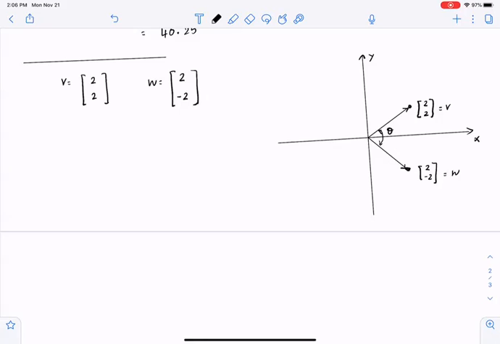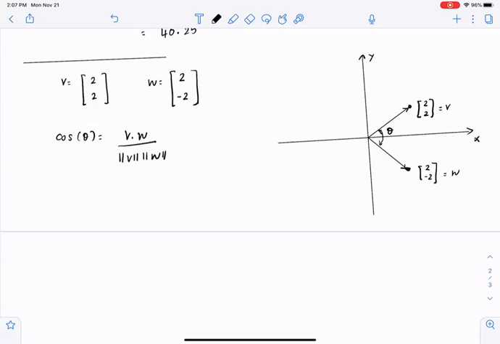I want to find the angle between the two vectors, which we know is the dot product of v and w divided by the magnitude of v multiplied by the magnitude of w.